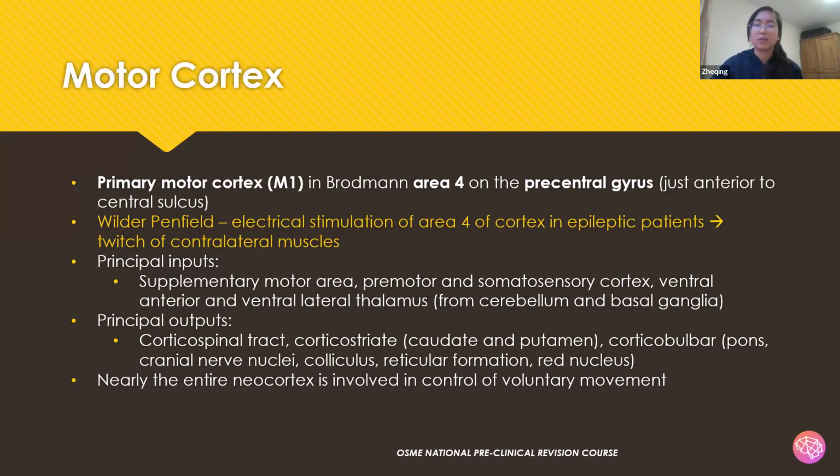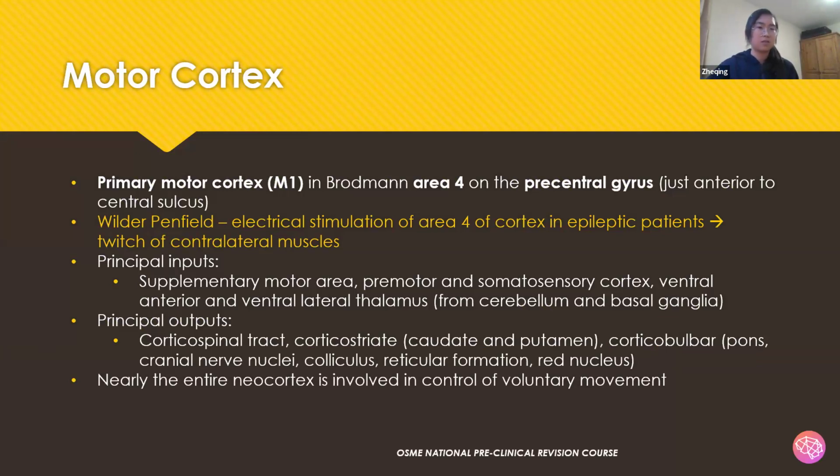Obviously we'll start with the motor cortex, and actually there are many different parts of the cortex that are involved in voluntary movement. Nearly the entire neocortex is involved if you think about it in terms of communication between the different areas of the brain, and planning, then programming, and then executing the movement.